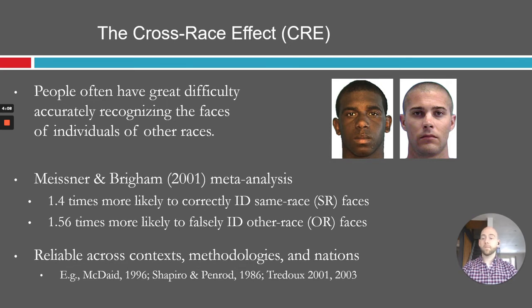It probably has to do with a lot of things like how much contact we have with people from other races and how much practice we have encoding their faces. Because you might think about our ability to categorize and think of things in broad groups. And for the most part, that really helps us.